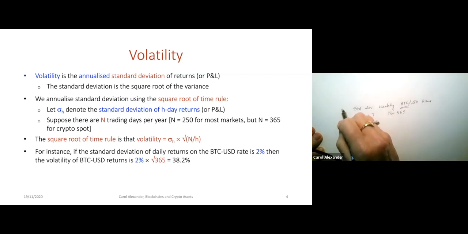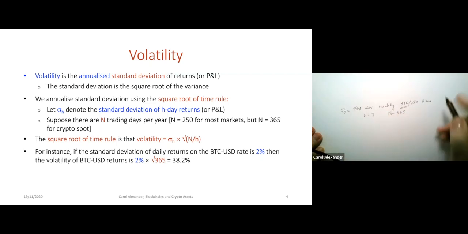And that would be our sigma_7, yeah? And say it's equal to 4%. Then the volatility is equal to 4%, that's the sigma_7, times the square root of 365 over 7, which is square root of 52, because there are 52 weeks in a year. And I don't know what that is, but something like 30% about.